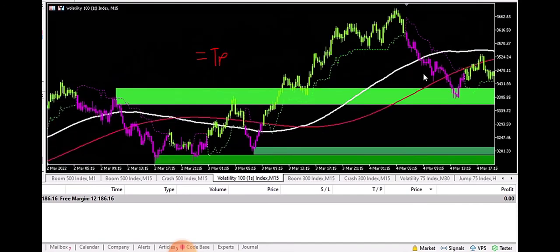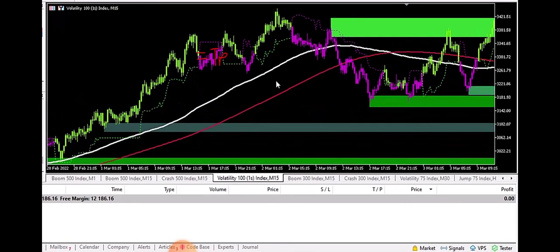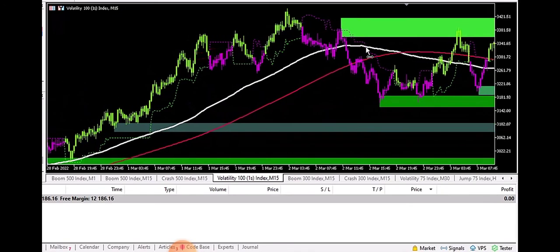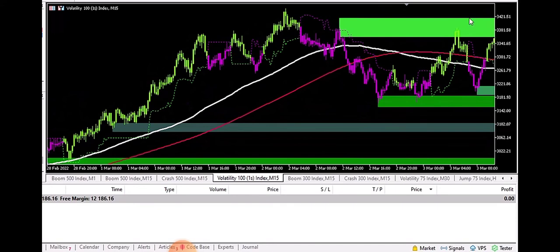How easy or how simple can Forex or indices or whatever you have them be? Do not let anyone deceive you with all this complexity: doji, morning star, falling hammer. All those things are trash to me. Just make it as simple as you can, and you will enjoy what you're doing.